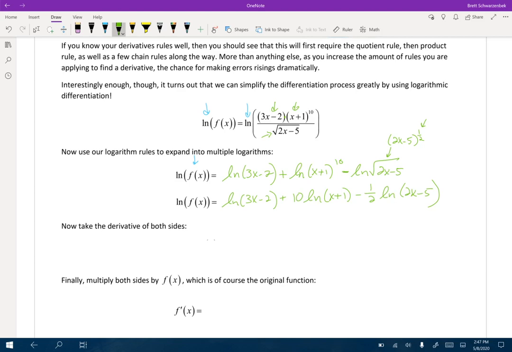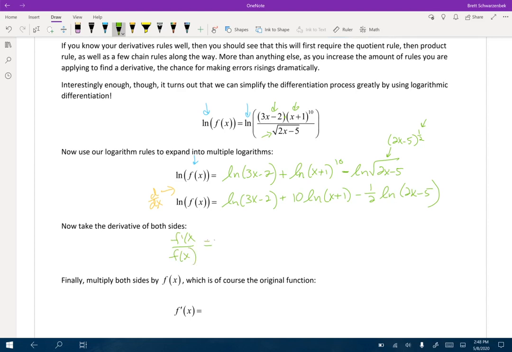Why? Well, if we take the derivative of both sides of this equation, so d dx of all of it, all the way across, we know that the left side is always f prime of x over f of x. But the right side is straight natural log derivatives.